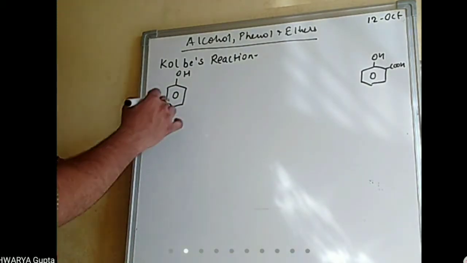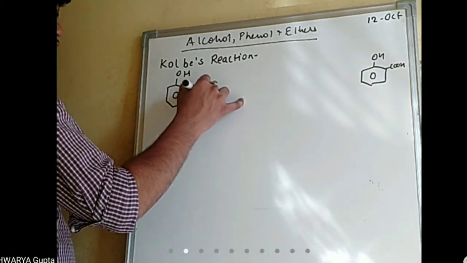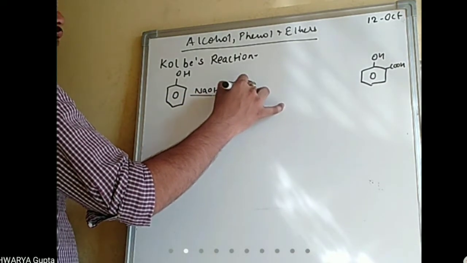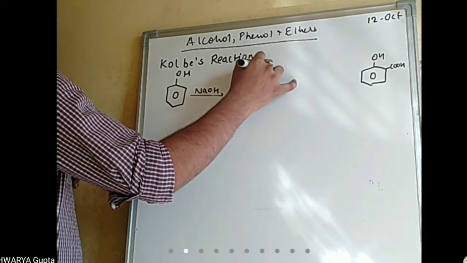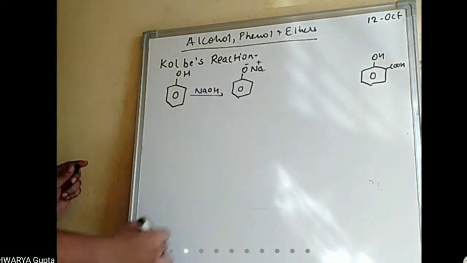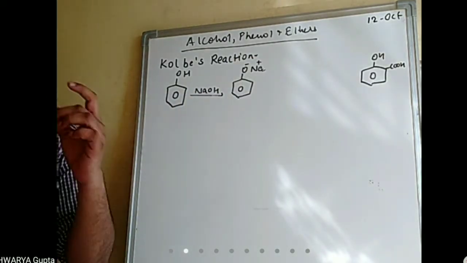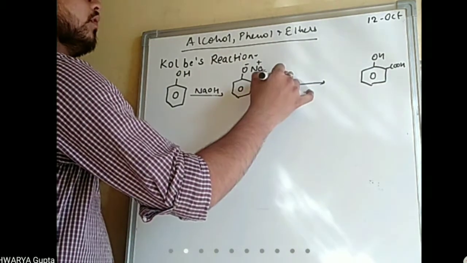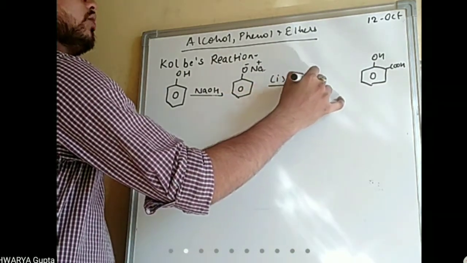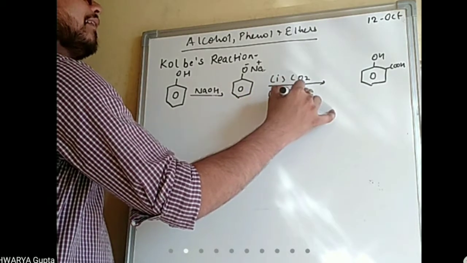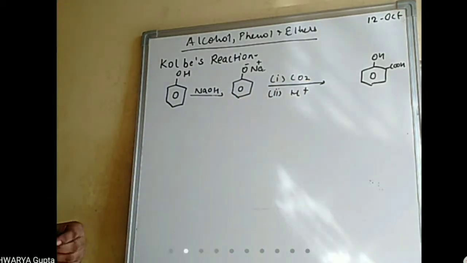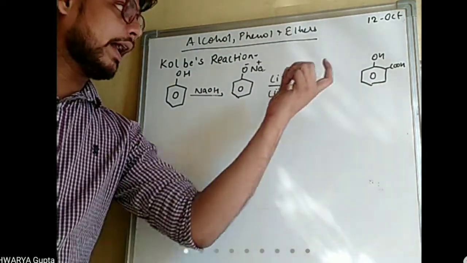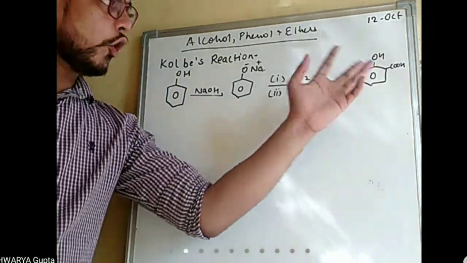Phenol is reacted with sodium hydroxide and gets converted into sodium phenoxide, which on further reaction with carbon dioxide in acidic condition forms this compound.